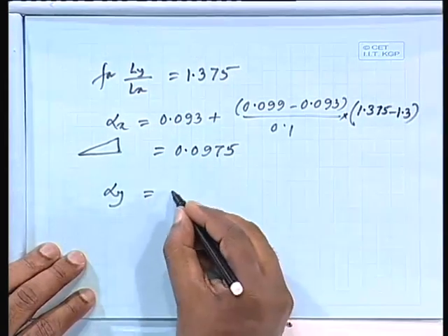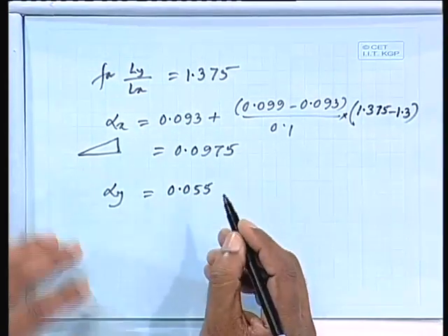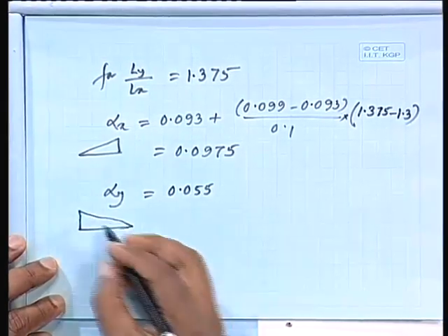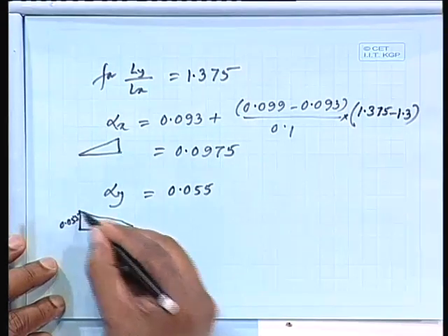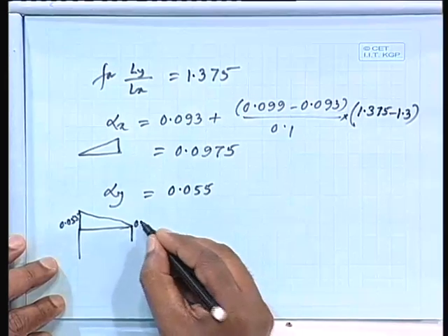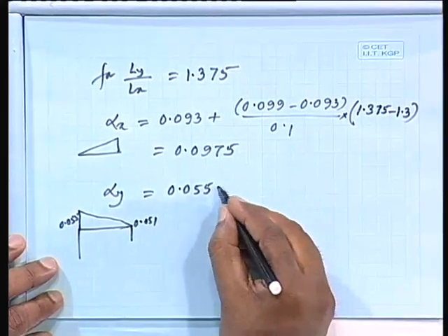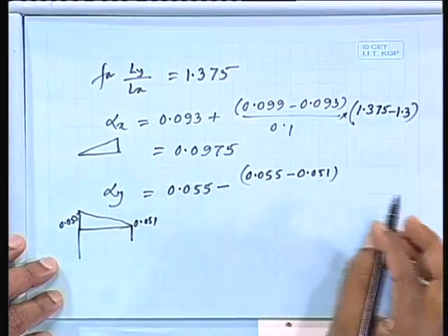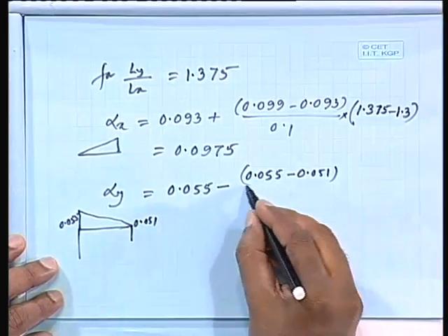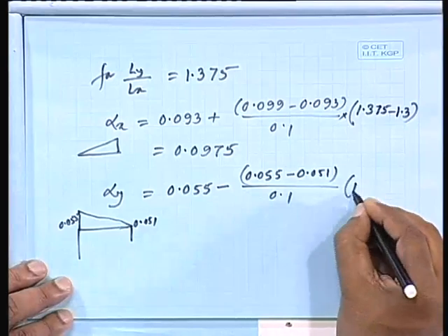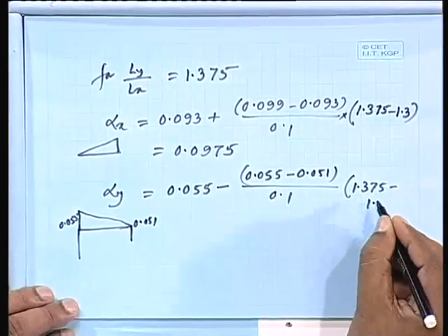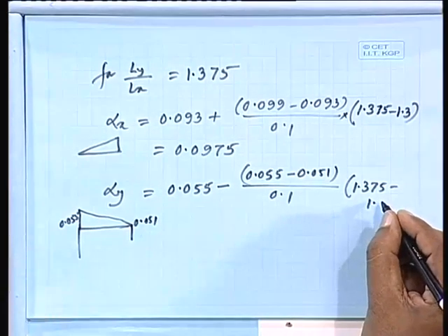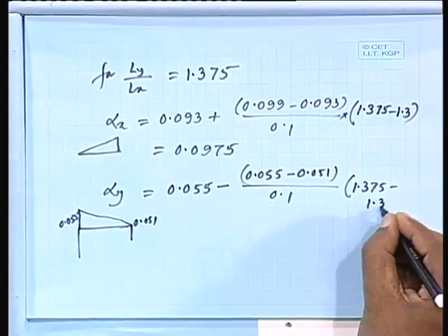Alpha y equals 0.055 minus (0.055 minus 0.051) divided by 0.1 times (1.375 minus 1.3), and we get that value as 0.052.